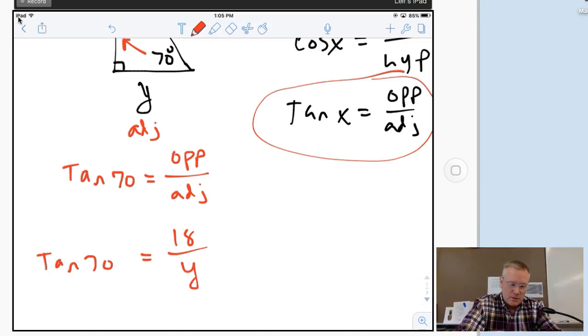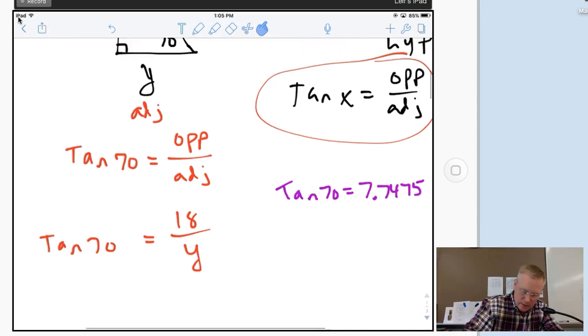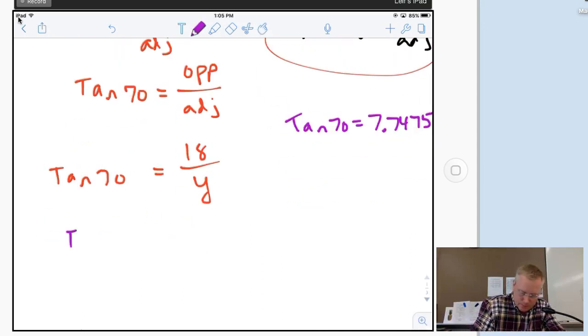If I take tangent of 70, and I'm going to go into some tables here for a moment too. Tangent of 70 is 2.7474, so I'm going to round off to 75. Okay, so I get this. I'm going to plug that in.